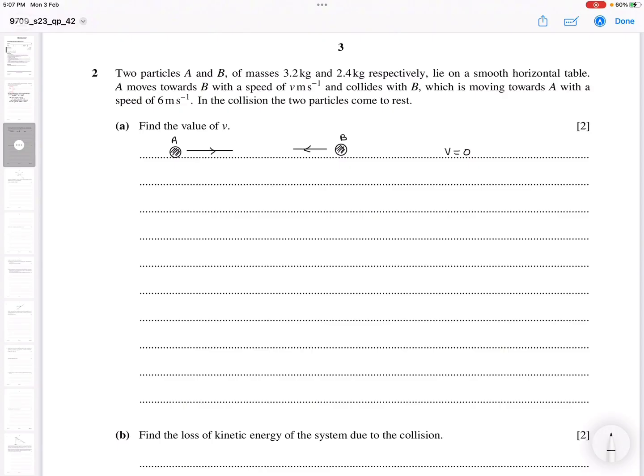So I should write here the mass of A equals 3.2 kg and the initial velocity of A is given as v meter per second.